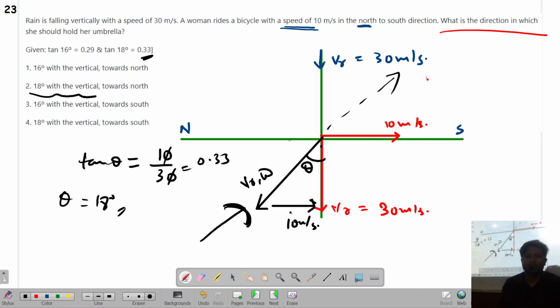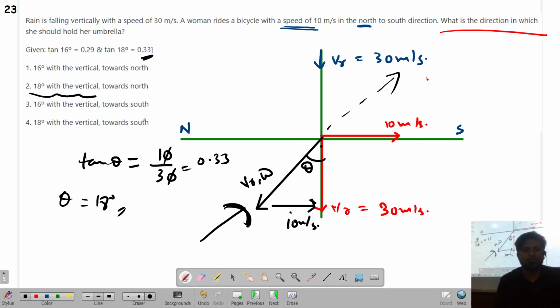If someone asks where the velocity of rain with respect to the woman is, it is along north. But she will keep the umbrella opposite to the rain direction. So should I keep it along the north or along the south? Along the south, because the rain is falling from the south direction.